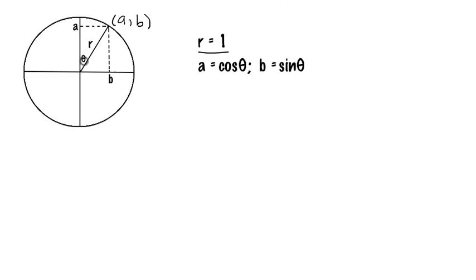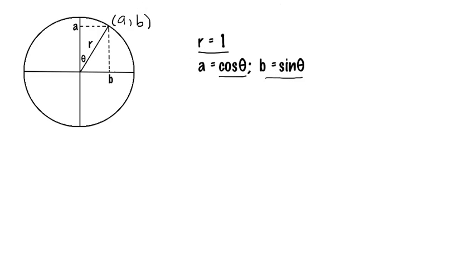Because of the way that the cosine and the sine are defined, in each case you divide by R. But if R is 1, that tells us that A, the vertical coordinate of this point, just is the cosine of theta. B, the horizontal coordinate of this point, is just the sine of theta.